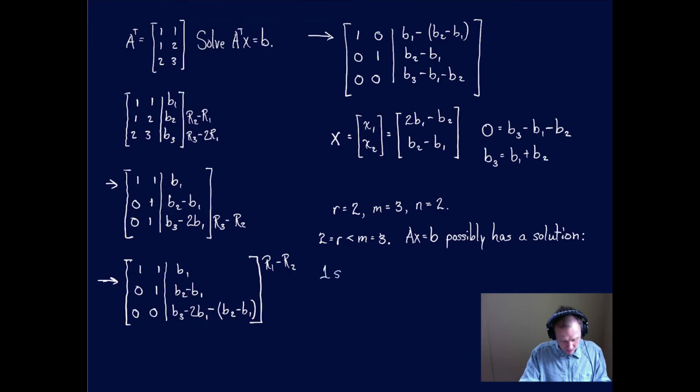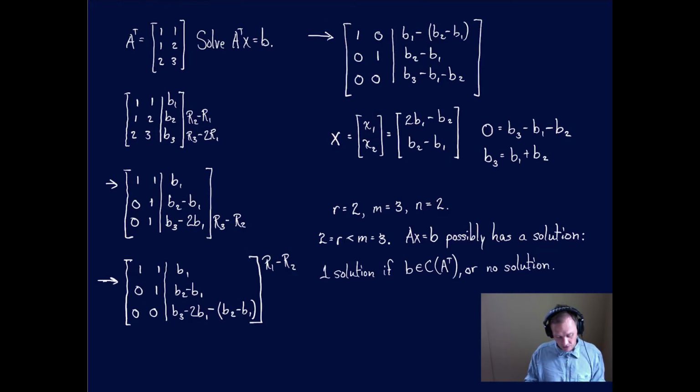It's one solution if the restriction is met, or how about this, even a better way to put it, if b is in the column space of, in this case we called it A transpose, of A transpose. Or, if b is not in the column space, then b1 plus b2 won't be b3, and so we'd have no solution. So that's what the rank tells us.